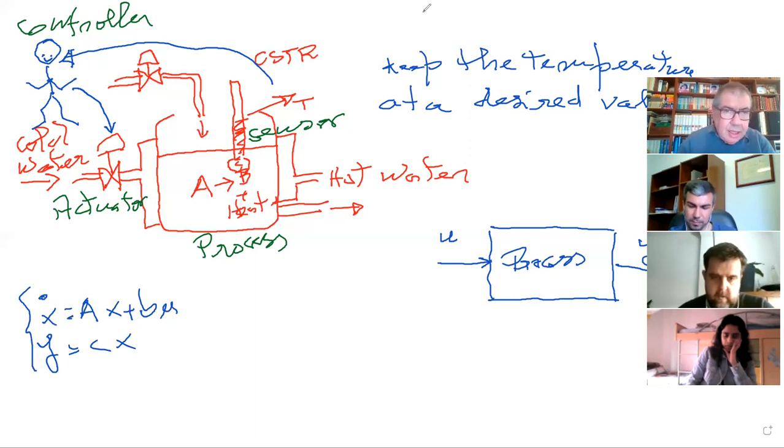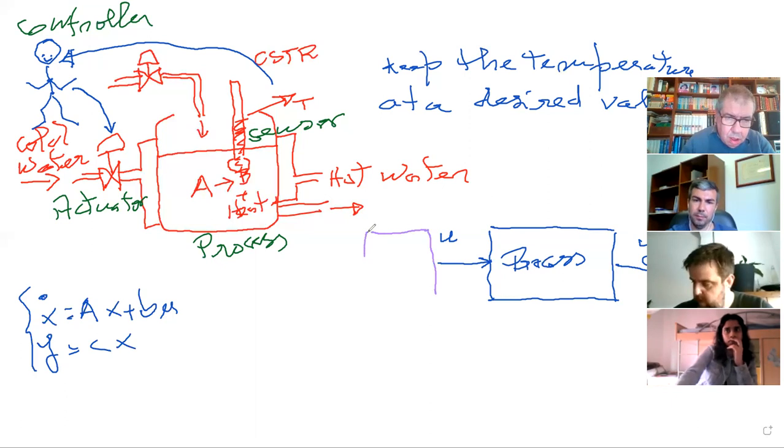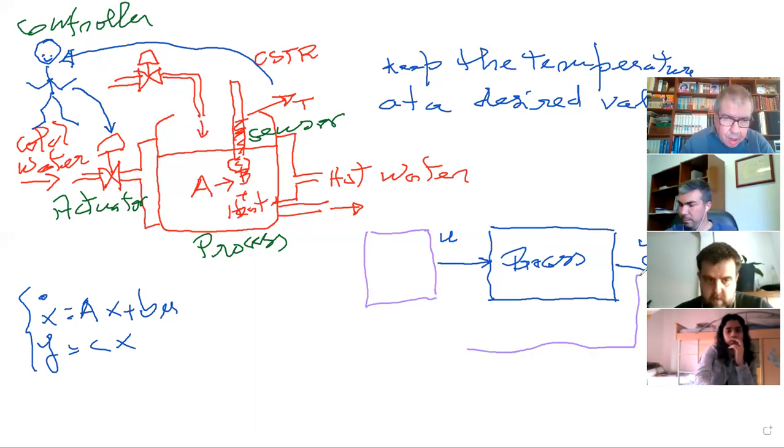And then, oh good Lord, I should have written this in red, but okay, I'll use some other color. Say we have something that receives information from the temperature.